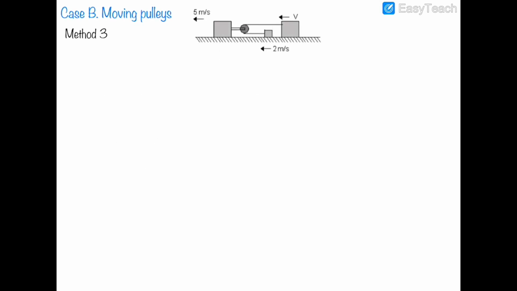In this question, applying method 3, we get the equation. We can identify a moving pulley here, and it is moving with a velocity of 5 meters per second.